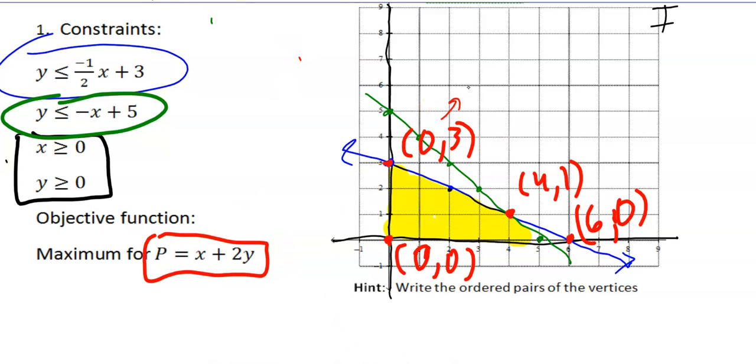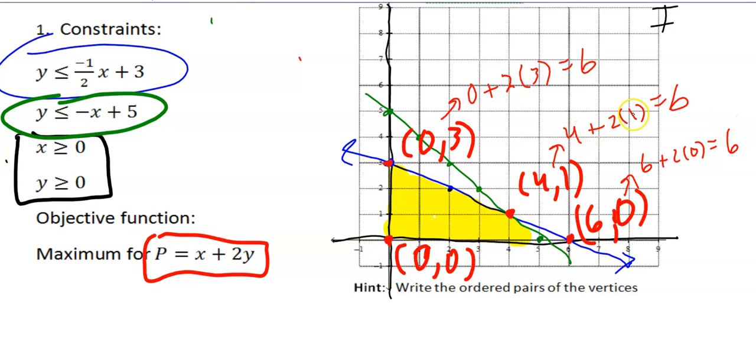So this would be x, which is 0, plus 2 times y, which is 3. So I get 6. This one, when I plug it in, is x, which is 4, plus 2 times y, which is 1, which is also 6. That's unusual. Let me just double check this: 4 plus 2 times 1.